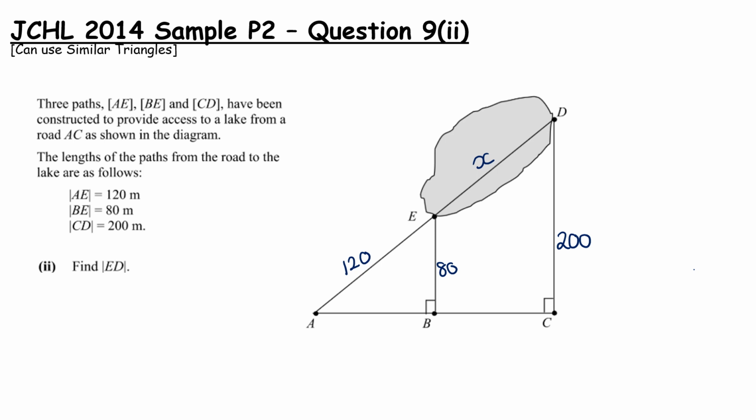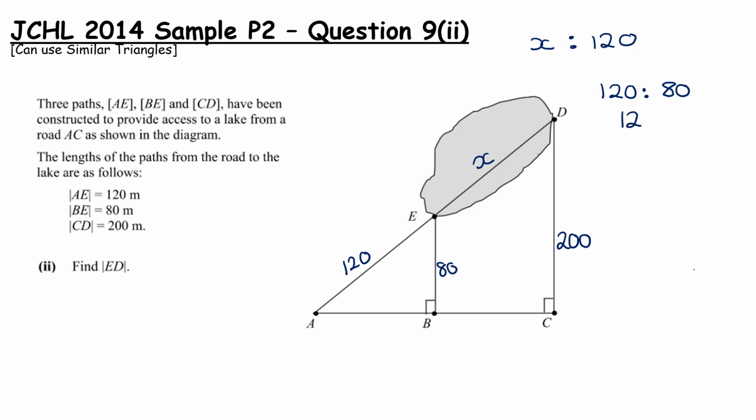So one option here for us is to compare x, this side, to the smaller piece, which is 120, is the same as the difference between EB and DC, which is 120, is to the smaller side. So that is 80. So we can work with this a little bit more.